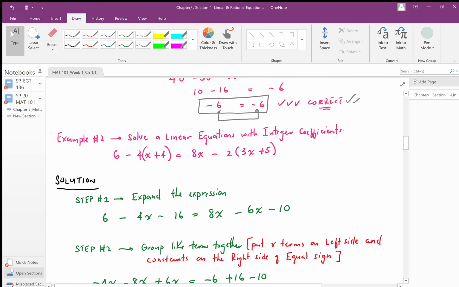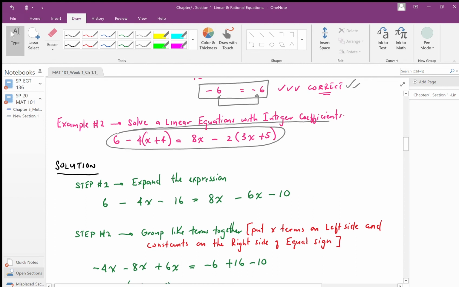Okay? Now, what I would like for us to do now, I want us to be able to solve a linear equation with an integer coefficient. Okay. So here's our expression right here. The first step is you want to expand the expression, and I showed you how to do that in the first example. So in doing so, we're going to have 6 minus 4x minus 16, and then equals negative 8 minus 6x minus 10.